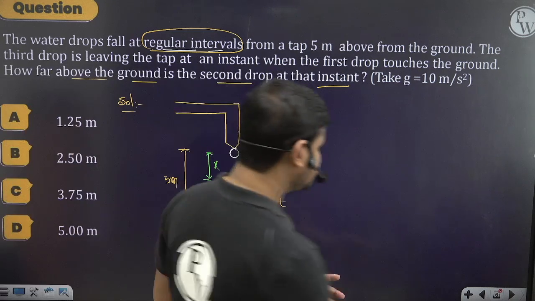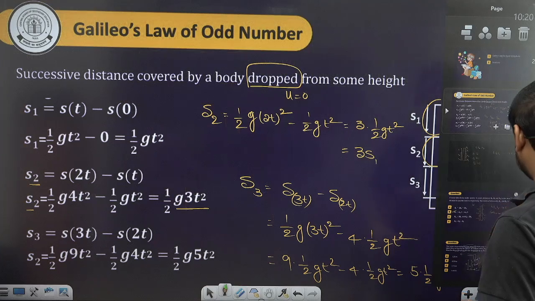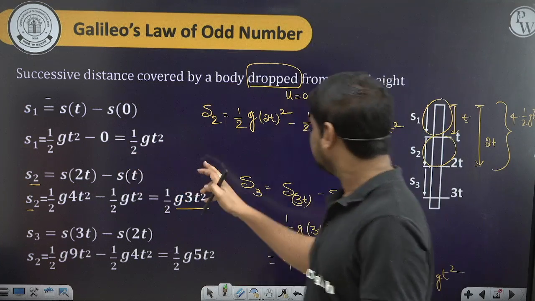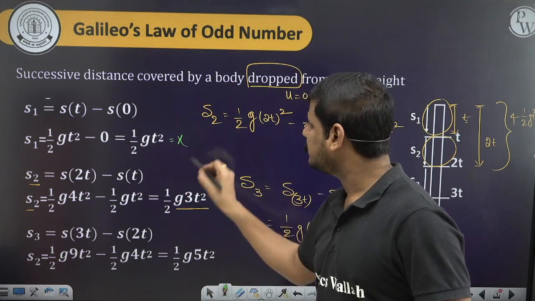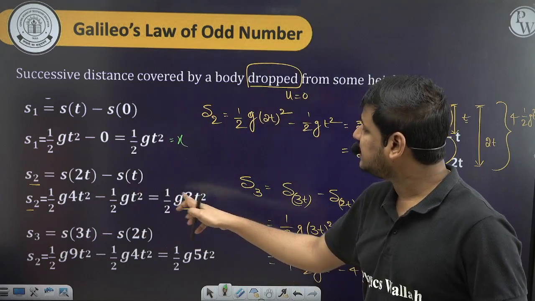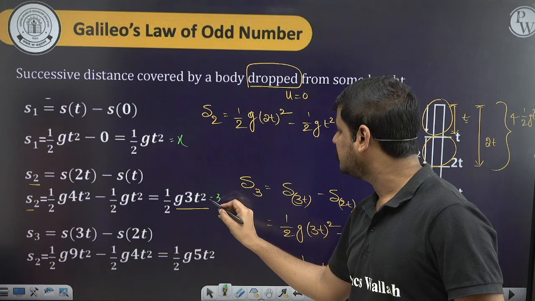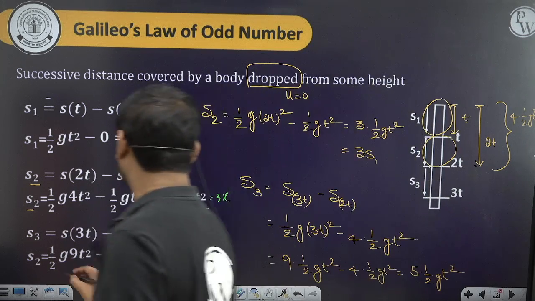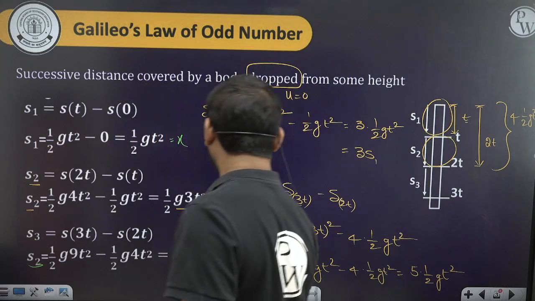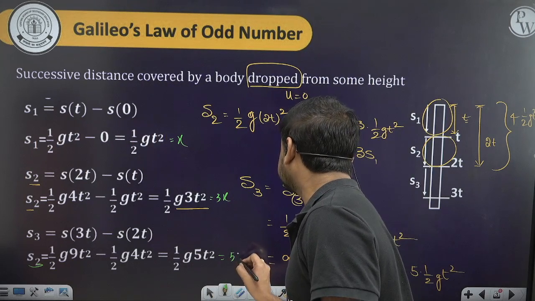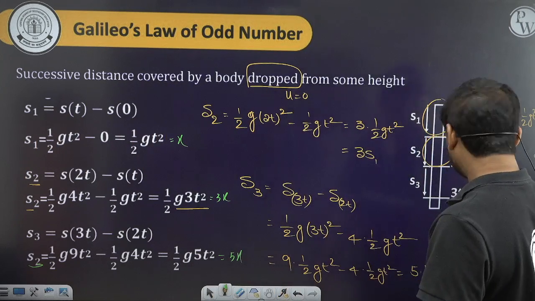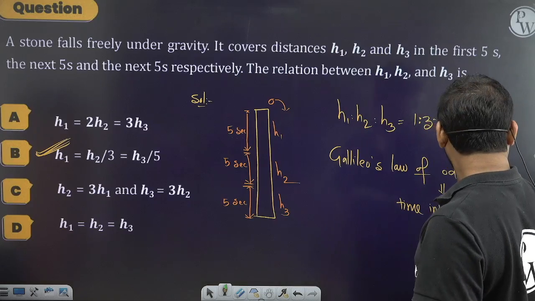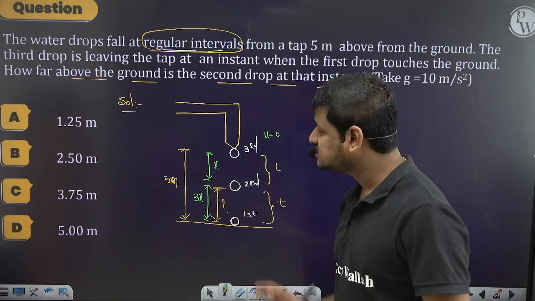Yes or no? Just now we have seen, right? If the distance covered in the first second is x, then the distance covered in the second will be 3 times half gt square, which is going to be 3x, right? And the distance covered in the next second, this is s3 actually, so s3 equals 5 times x. Yes or no? So that's why here simply this is x, this is going to be 3x.